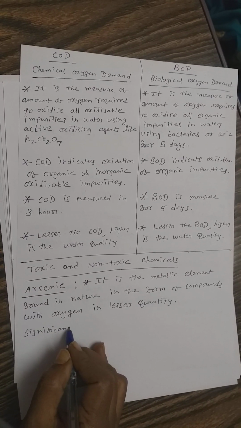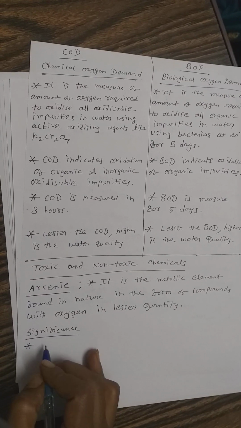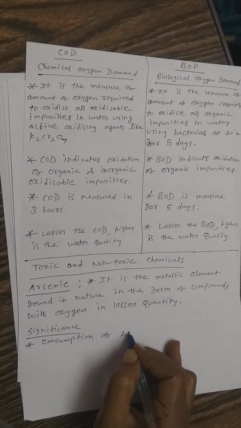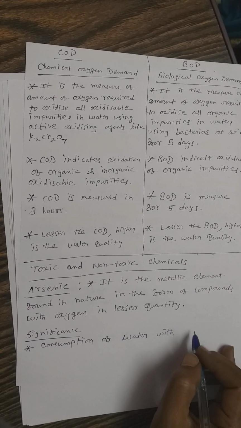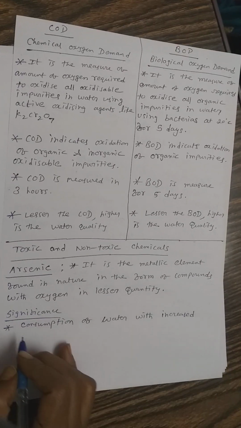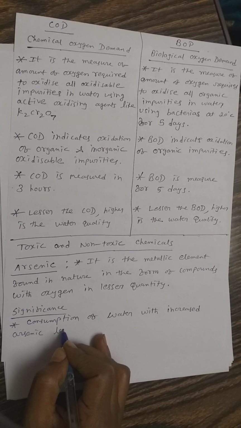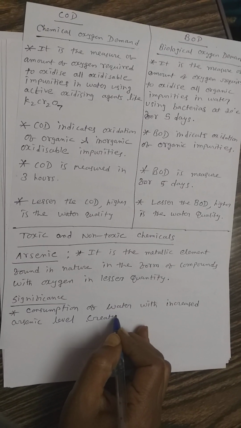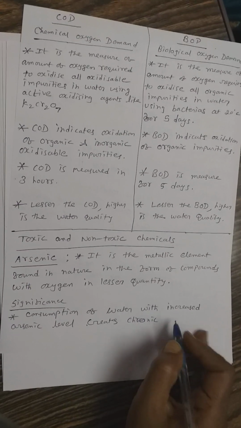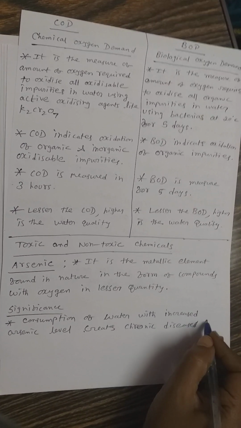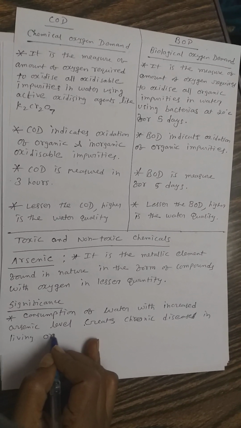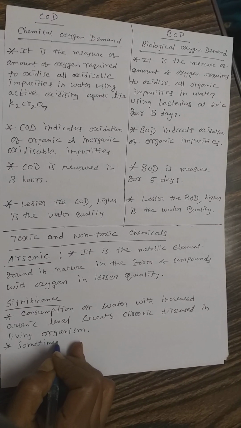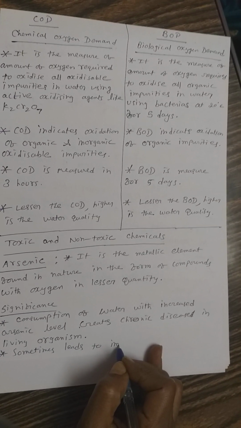Significance of measuring the level of arsenic is consumption of water with increased arsenic level creates chronic diseases in living organisms. Sometimes it leads to immediate death.